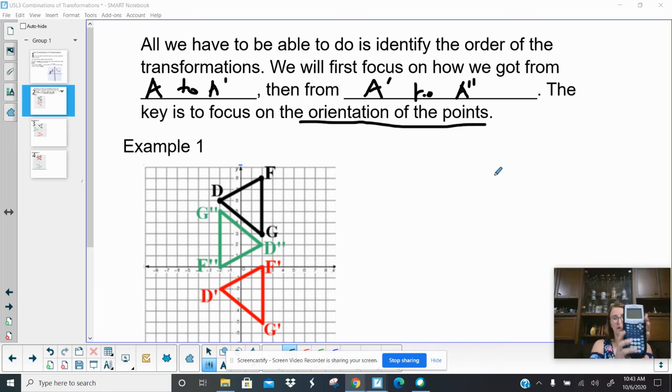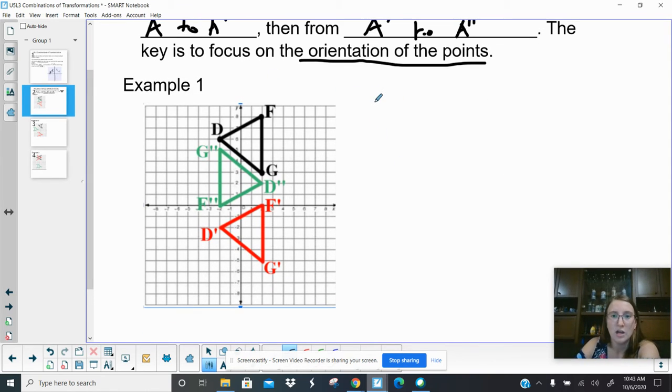It stays facing up. Even if I slide it diagonally, it's still facing up. I'm not turning it like a rotation, and I'm not flipping it. So if the orientation of the points stay the same, it's facing the same way, that's guaranteed to be a translation. If it flips or rotates, we're going to have to think a little bit more carefully about how to identify that. So let's look at example 1.